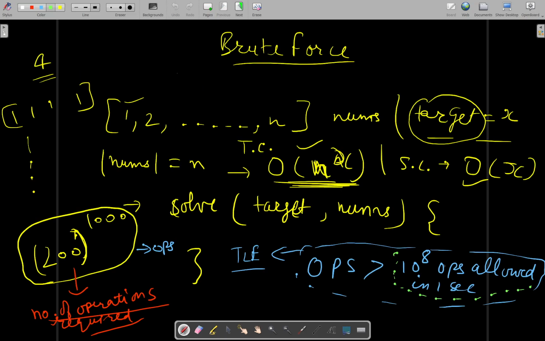Basically, in 1 second there is a limit of 10 raised to power 8 operations. And if the solution that you are proposing requires more than or equal to 10 raised to power 8 operations, then your solution may get a TLE and it will not be accepted. So in order to get an accepted solution, we have to optimize this brute force approach.